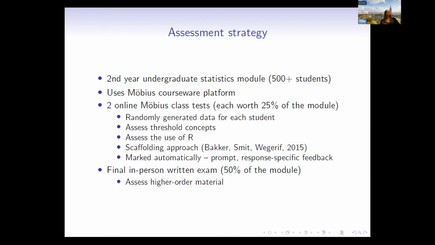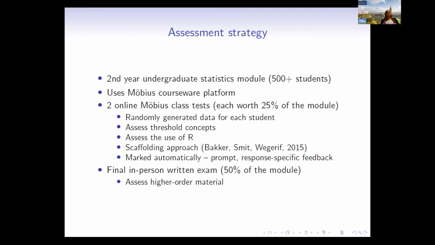So this is the assessment strategy in the module. There are two online Mobius class tests. These class tests assess the use of statistical software R, and they assess threshold concepts using scaffolding, which guides students towards higher order material, which is then assessed in the final in-person written exam.